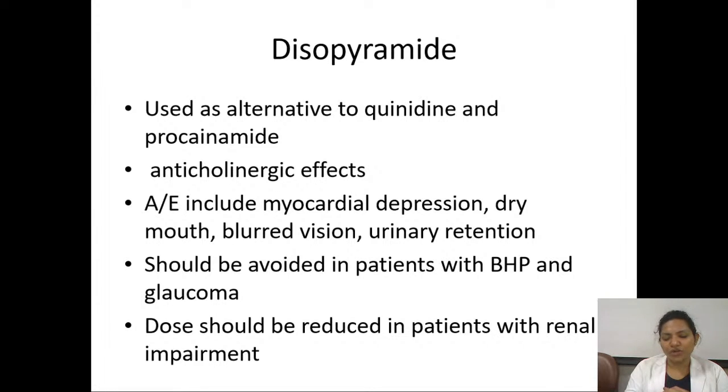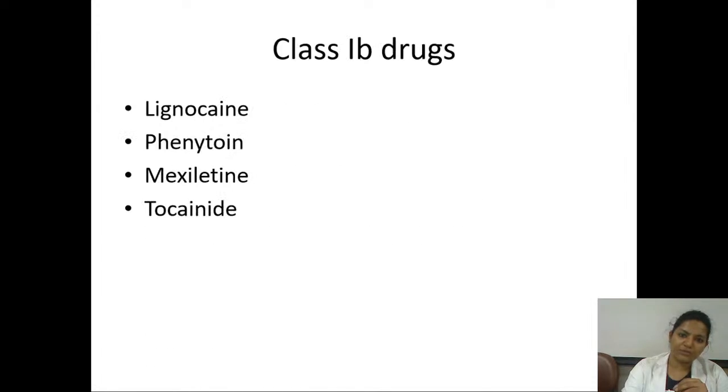So in these patients we are not supposed to give disopyramide because of its anticholinergic effects. Secondly, due to its renal metabolism, the dose of disopyramide should be decreased in patients with renal impairment.